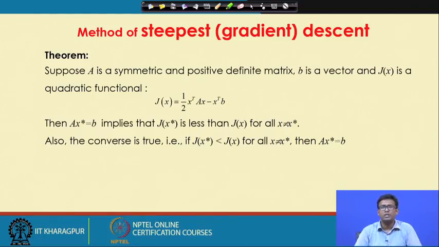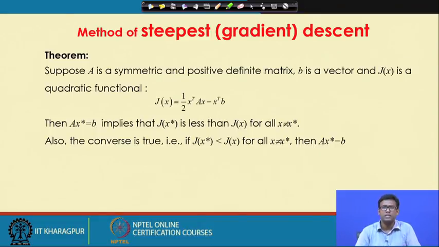This quadratic function is defined as J(x) equals half x transpose A x minus x transpose b. If we define this function J(x), then x star satisfying Ax equal to b will imply that J(x star) is less than J(x) for all x not equal to x star.